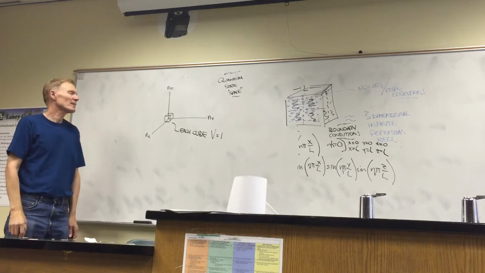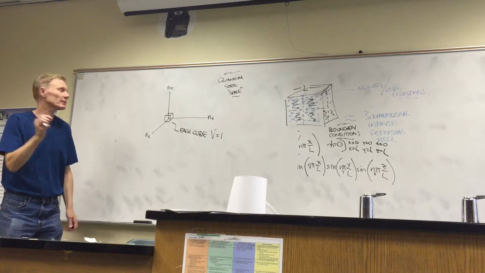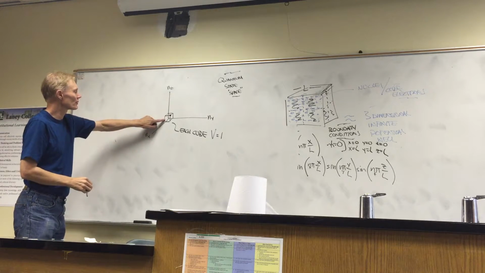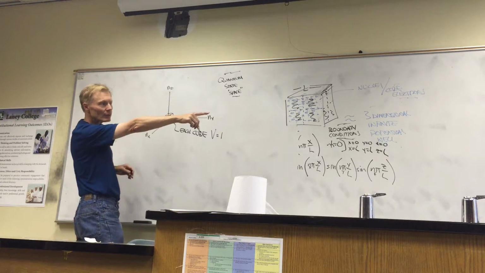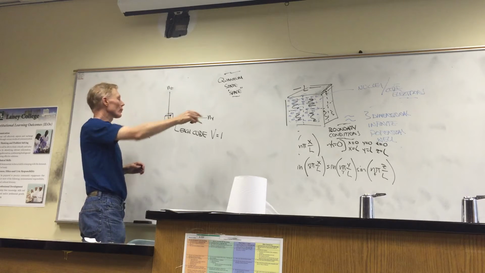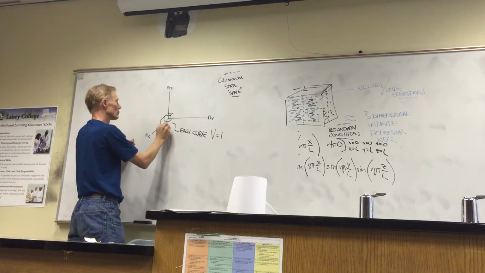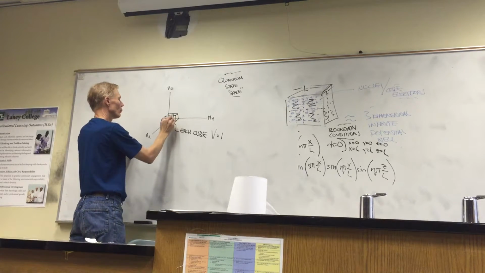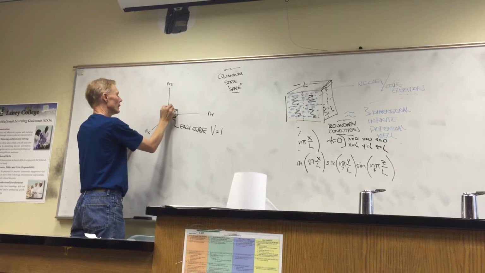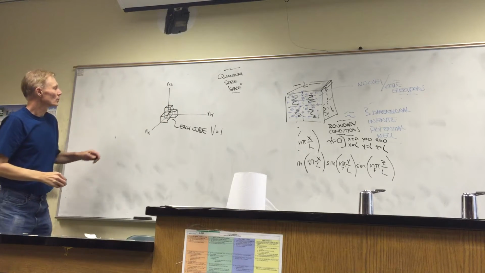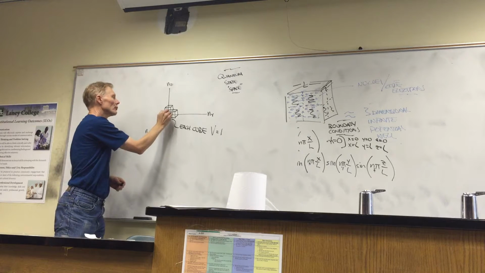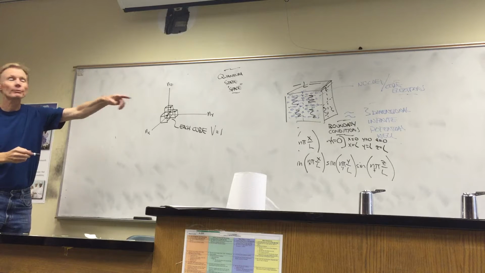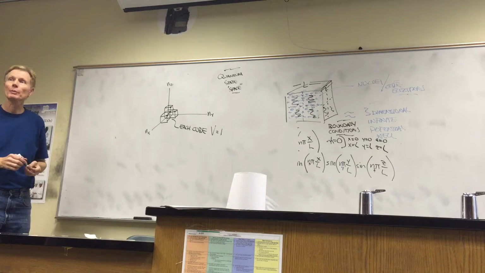For example, if I have the 1, 1, 1 state, the coordinate 1, 1, 1 is right there, and that cube represents a certain amount of volume, and that's that state. If I looked at the 1, 1, 2, or the 1, 2, 1, or the 2, 1, 1, where would those be? One would be here, and one would be here, and the other one would be there. So every time I come up with a new set of quantum numbers, following the rules over here, I'm going to get one more cube in this space.